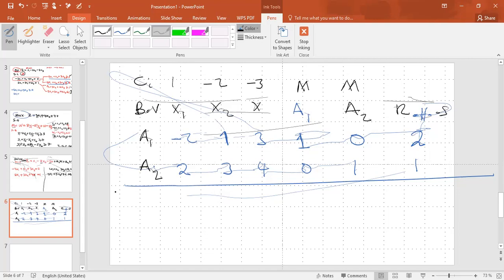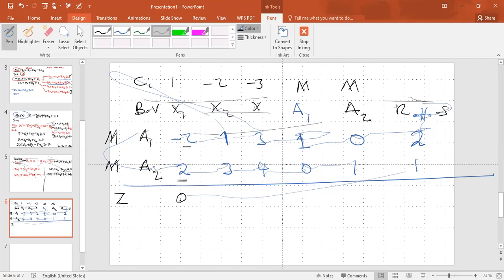Then we have Z, the initial Z. This is not our new Z. So just get M and put the coefficients. Since M is multiplying, you just add these numbers: minus 2 plus 2, what do you get?